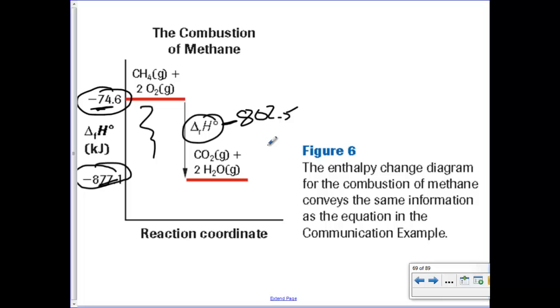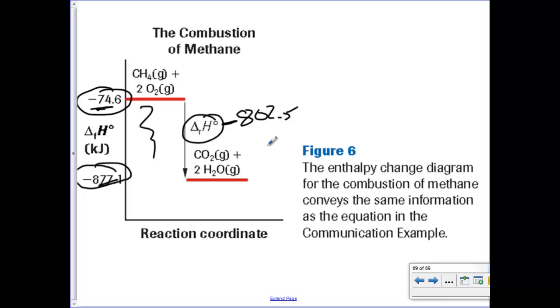So you do this reaction, you do this reaction, you manipulate it so stuff cancels, and that's another way to find the reaction you're looking for. This is now a third way of finding a change in enthalpy for a reaction. And this way should always work if all of the things you're looking for are in your data booklet.